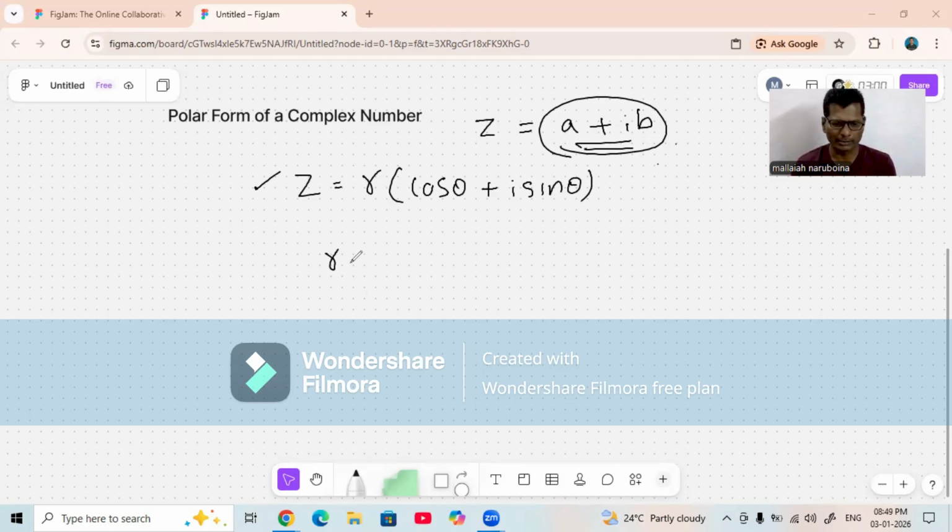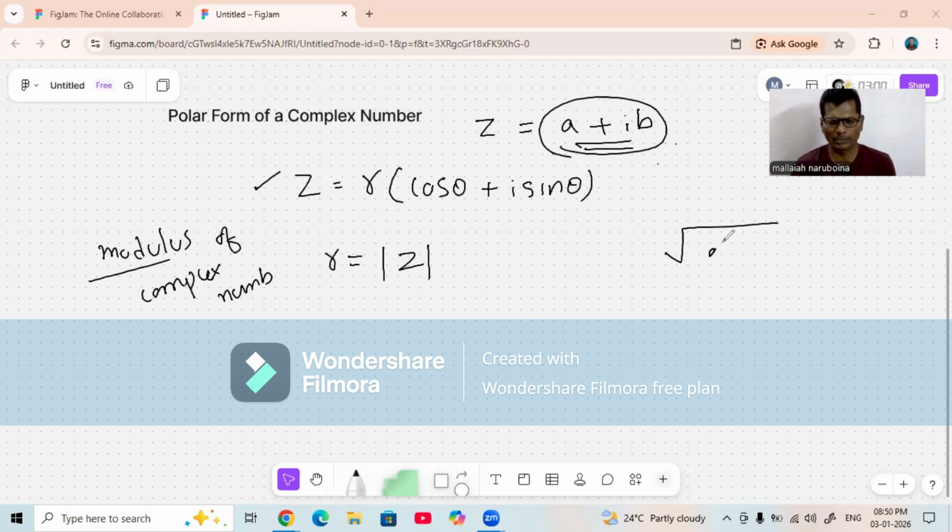Here r is the modulus of z. Modulus of complex number z, I told you the formula, that is square root of a square plus b square. Then theta is called the argument.